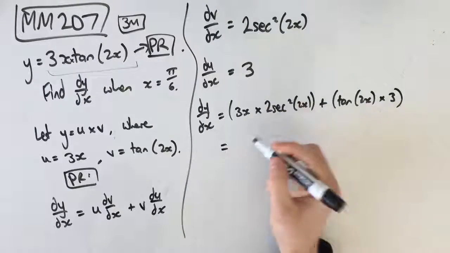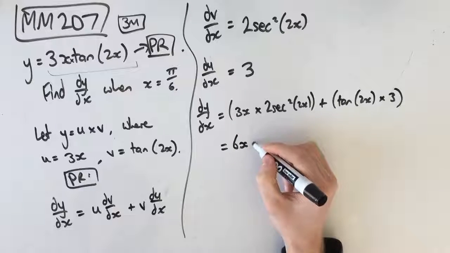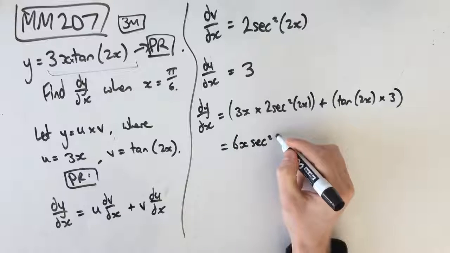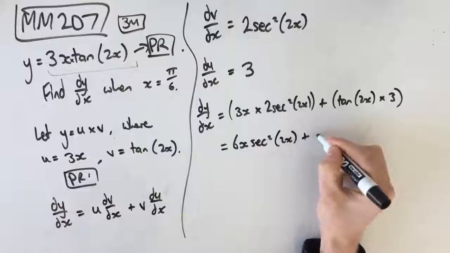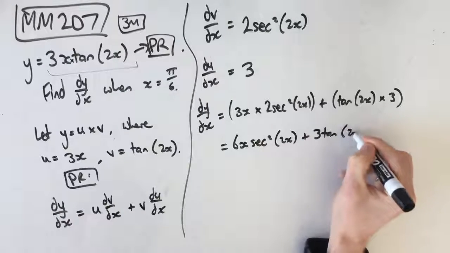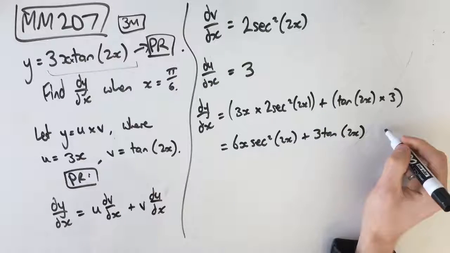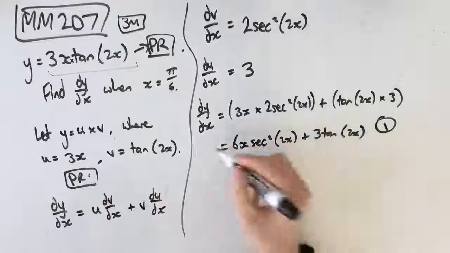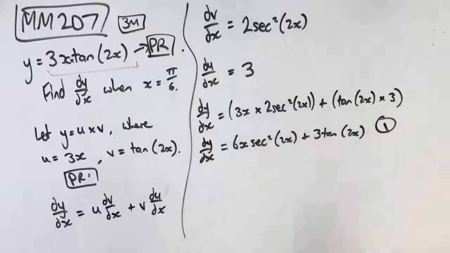Cool. And then we can just expand this out and get 6x sec squared 2x plus 3 tan of 2x. Now guys, that's your first mark. Somewhere in here is your first mark, finding dy/dx.